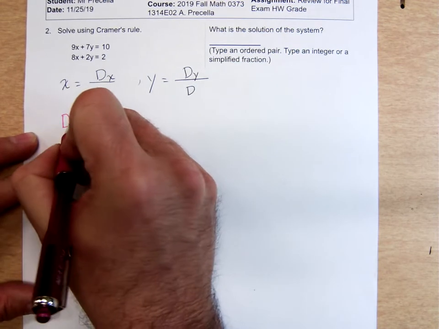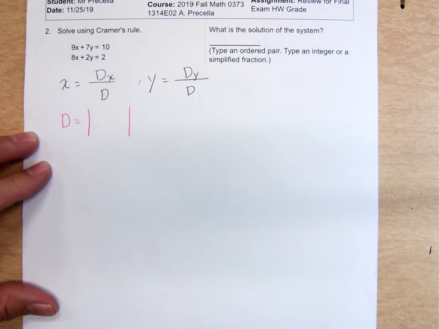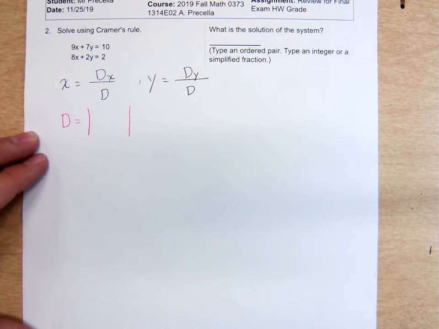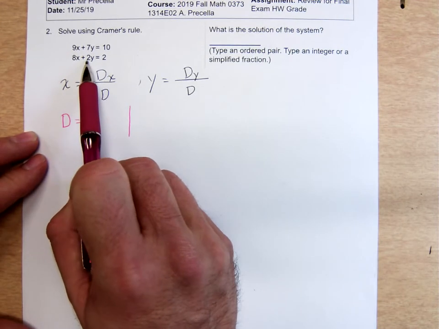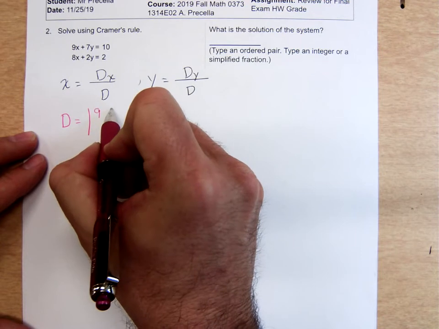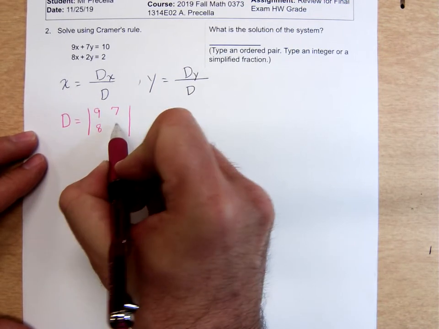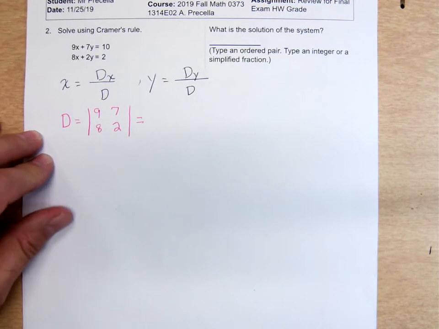Let's find d first. Capital D is the determinant of the coefficient matrix. The coefficients are the numbers in front of the variables. So just write down those 4 numbers, 9, 7, 8, 2, and do the crisscross.